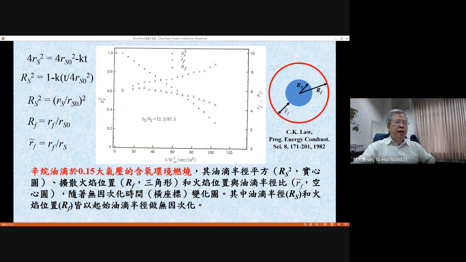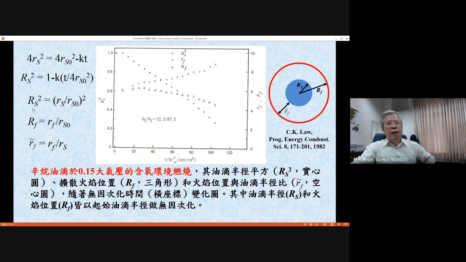Rs represents the instant droplet radius, and Rs naught represents the initial droplet radius. Therefore, at any instance, the droplet radius is non-dimensionalized by the initial size. Then we call this capital Rs squared. This is a non-dimensional quantity I want to mention.